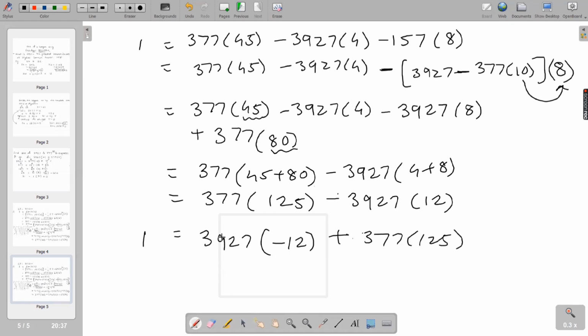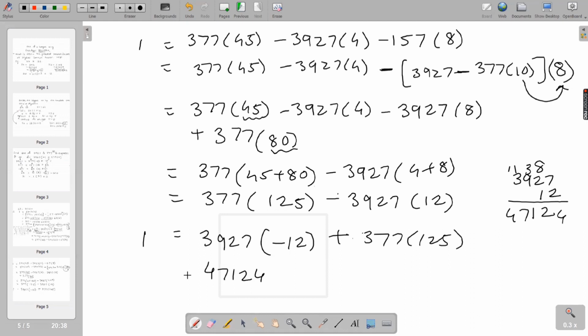And one can always verify whether this gives us the correct answer. 3927 into 12 would be 47124. This is minus, and plus I want to verify 377 into 125.